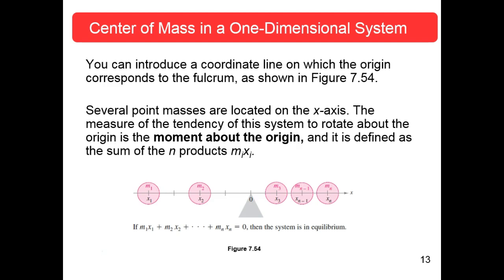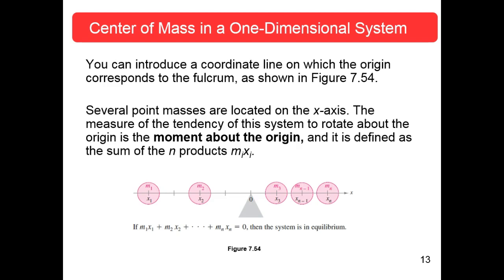So if your first mass m1 is x1 units away, and this appears to be a negative, plus m2 times x2, which also appears to be negative, plus m3 times x3, which appears to be positive, plus m4 times this, plus m5 times that.